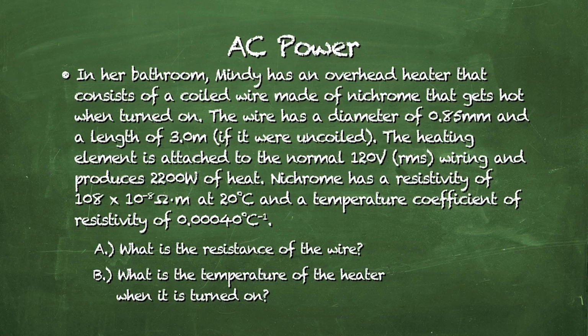And the resistivity itself is temperature dependent. Resistivity is equal to resistivity 0, that would be the resistivity at 20 degrees Celsius, times the quantity 1 plus alpha times the quantity T minus 20 degrees Celsius, where alpha is the temperature coefficient of resistivity. So first, what is the resistivity of the wire?